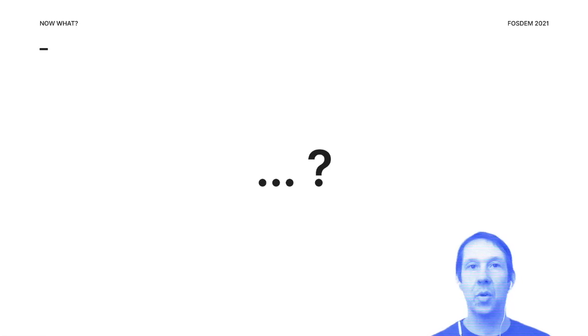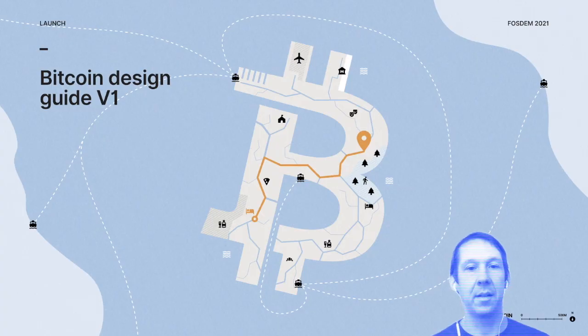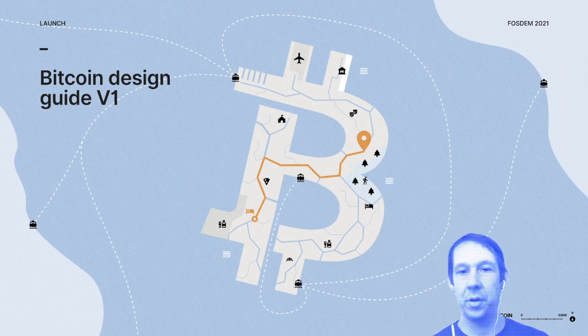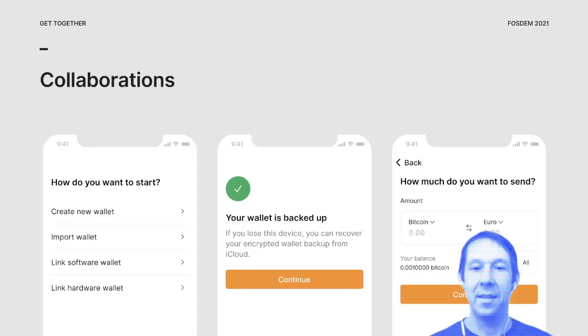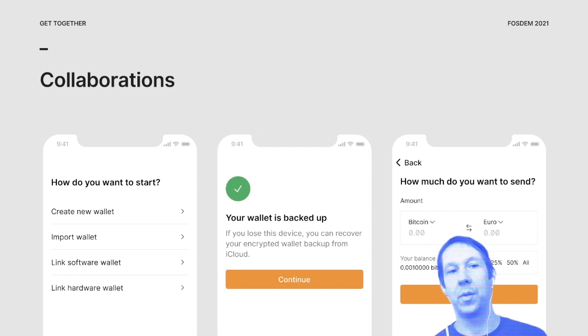So some of our more immediate next steps here in the next 3 months, end of the first quarter 2021, we are hoping to push a first version of the Bitcoin Design Guide live. Ideally that covers the majority of the content, looks pretty good. It's fairly complete to help allow people to solve problems, or the most common problems at least they come across when working on Bitcoin projects. And then we really need to collaborate with different projects.